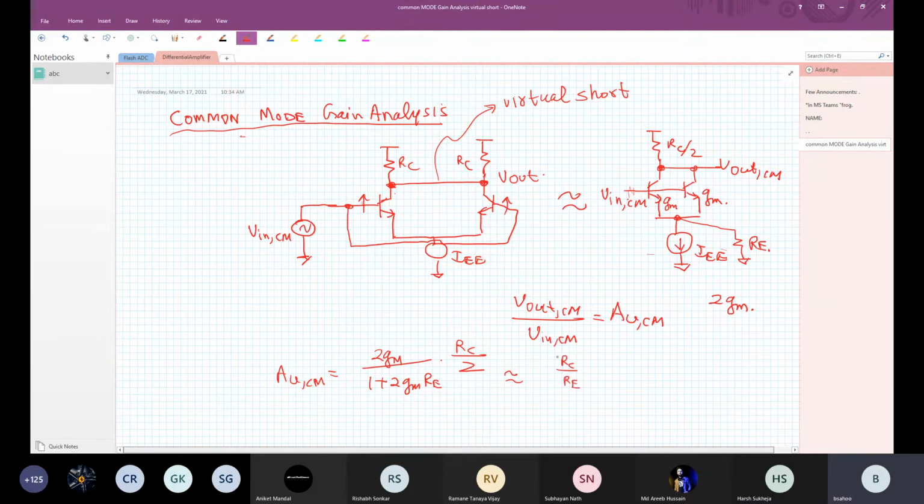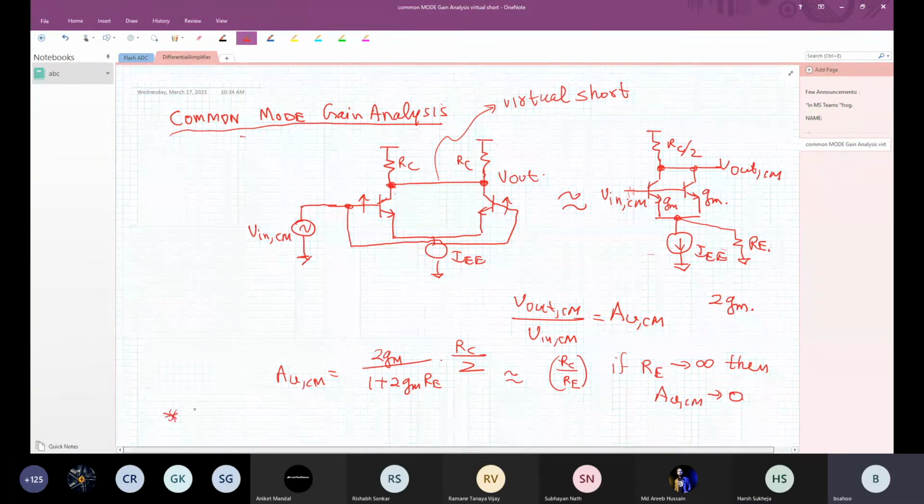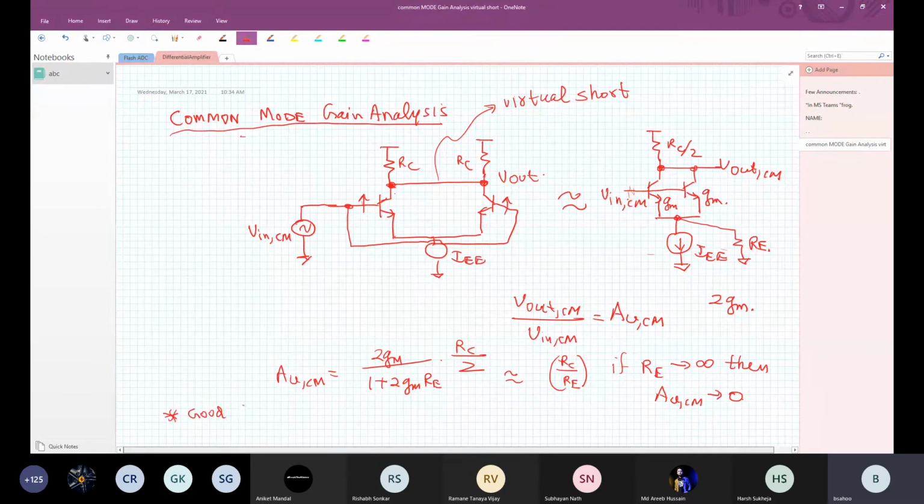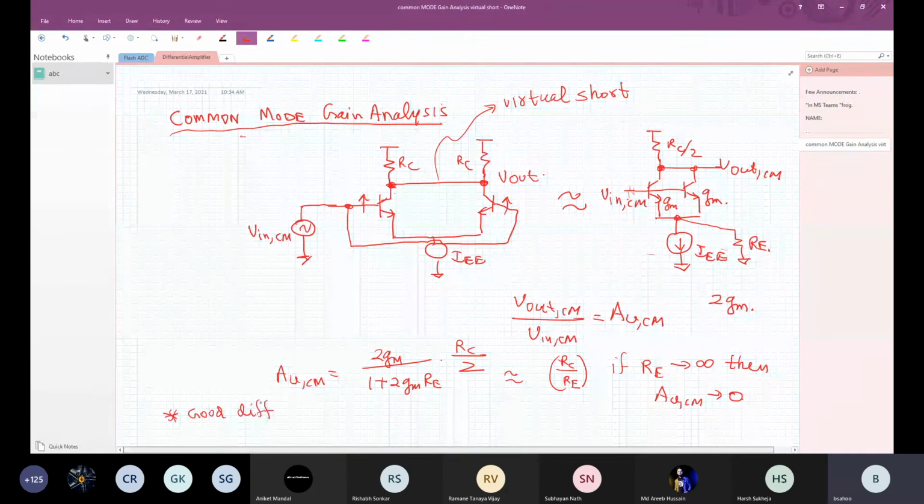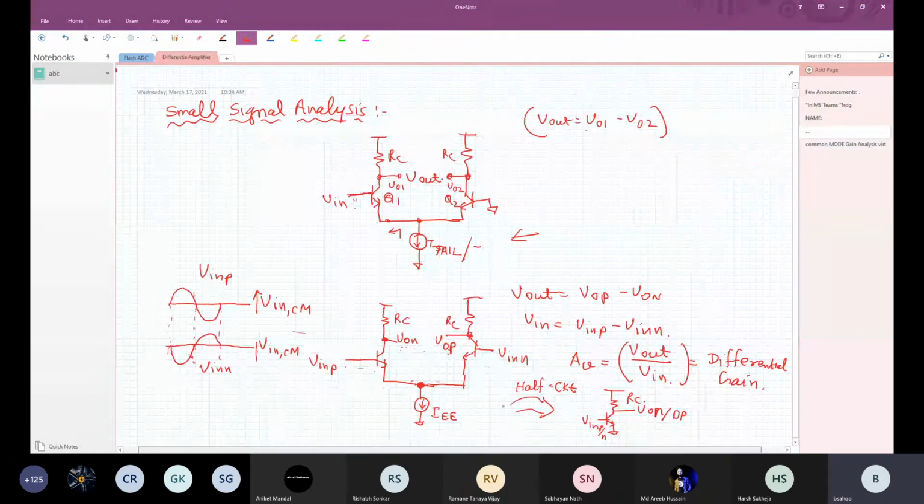Now, if RE tends to infinity, then AVCM tends to 0. So a good diff amp has this AVCM as the common mode gain, and the other gain is called AV diff.